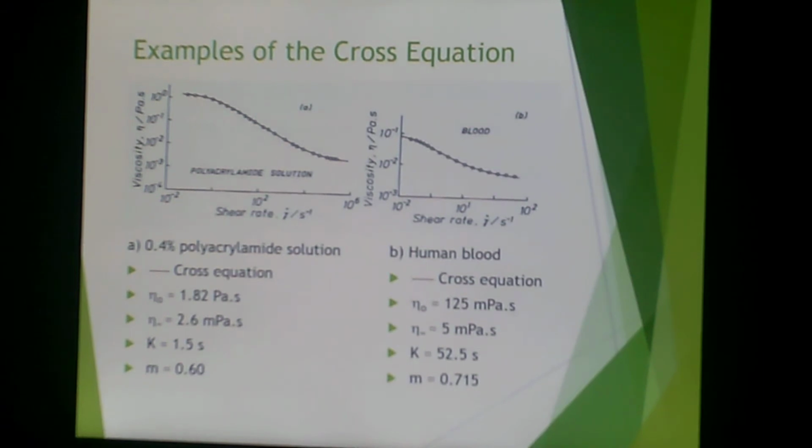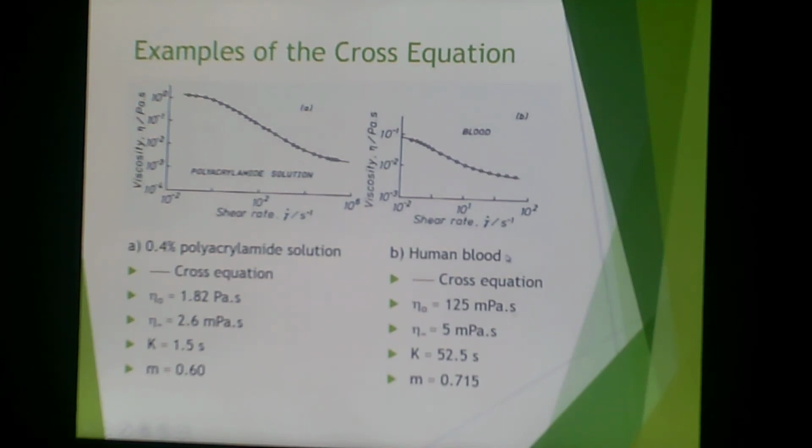These dots represent the experimental data, and the line represents the Cross equation. In this case, you have a zero shear viscosity of 1.82 Pascal seconds and an infinite shear viscosity of 2.6 millipascal seconds, and these are the constants that produce this particular Cross equation line. This is for a polyacrylamide solution.